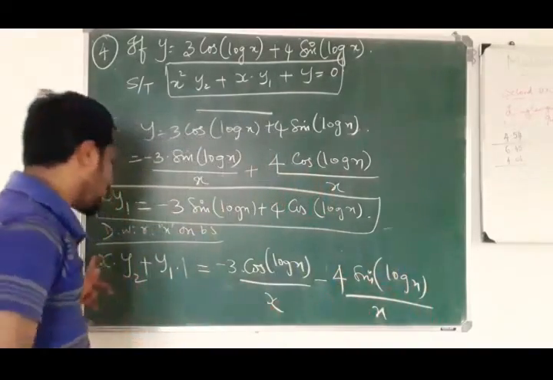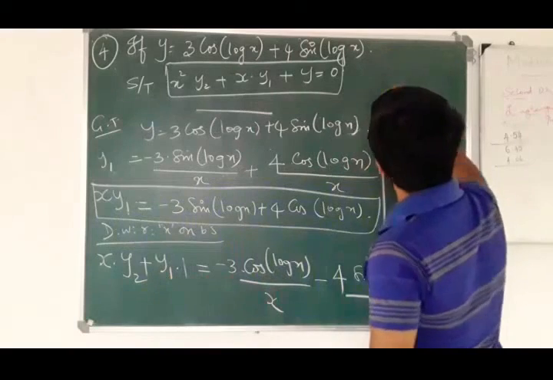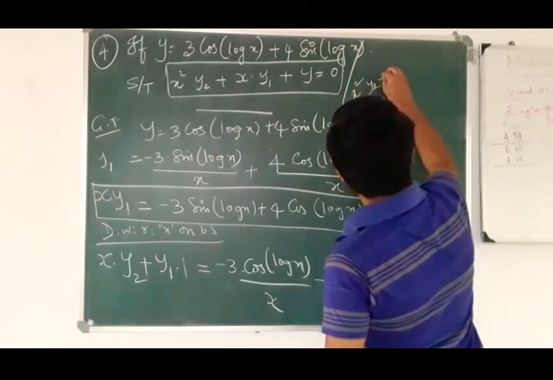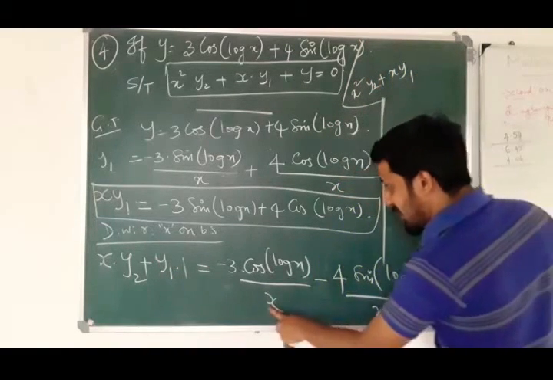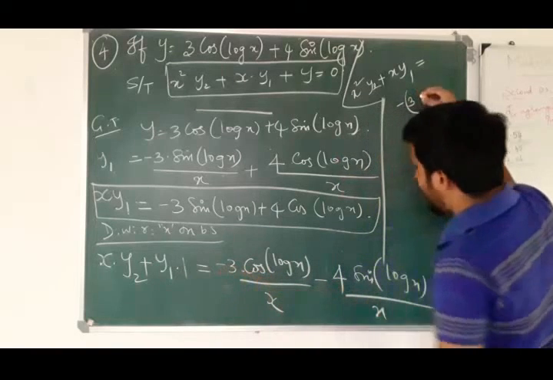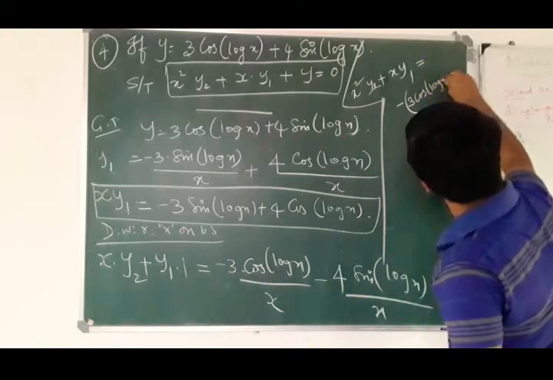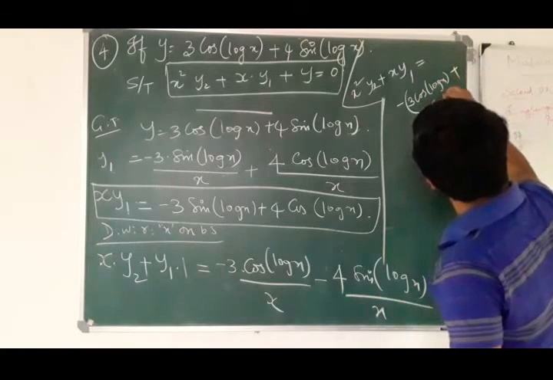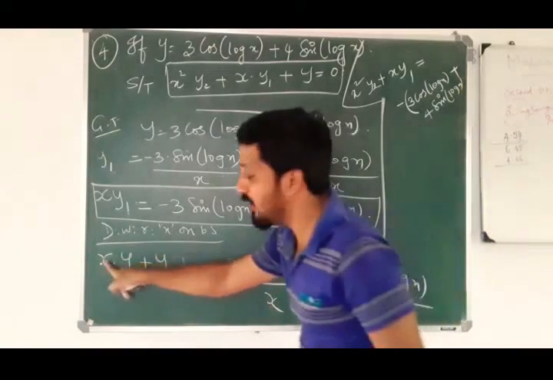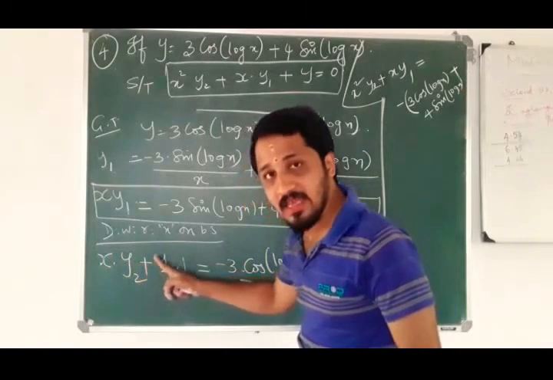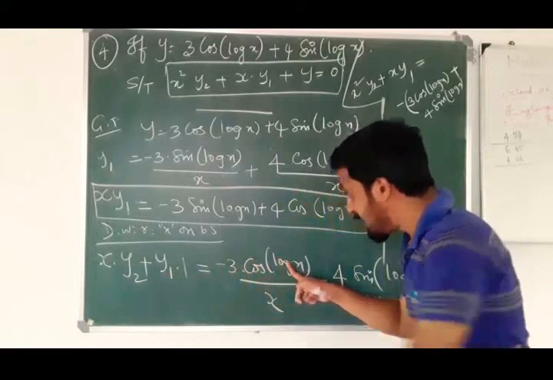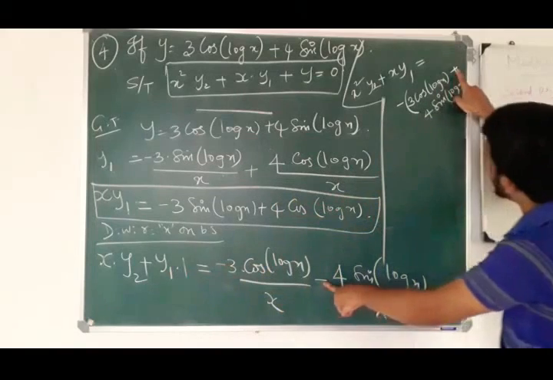Again you have to multiply this x over here. What you will get? Listen here. That is x square y2 plus x into y1 is equal to, if I am taking minus outside, 3 cos log x, and since minus is already outside, it will become plus 4 sin log x.